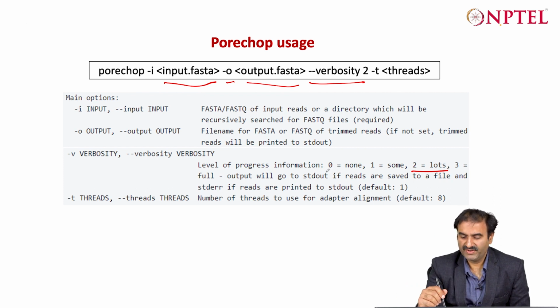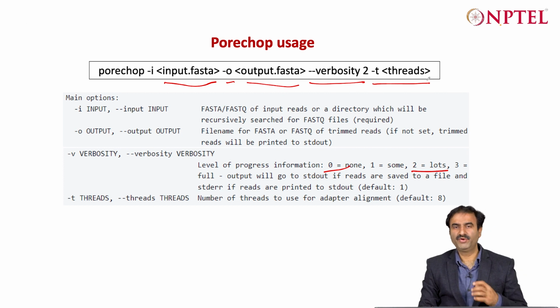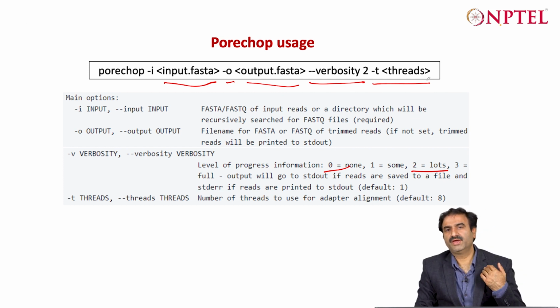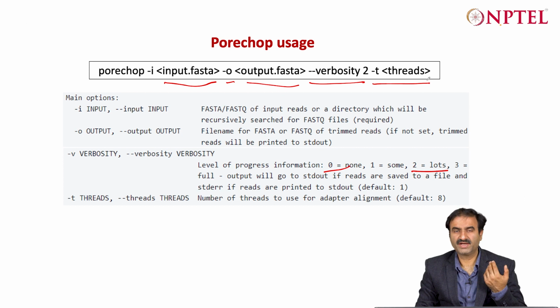If you say 0, it will print nothing on your screen, the program will run and you will get the result. And you can specify the number of threads, and that is the beauty and power of Linux, or GPUs, that you can specify how many threads you want to use, and that will enable faster processing, and you can use the power of your system better.